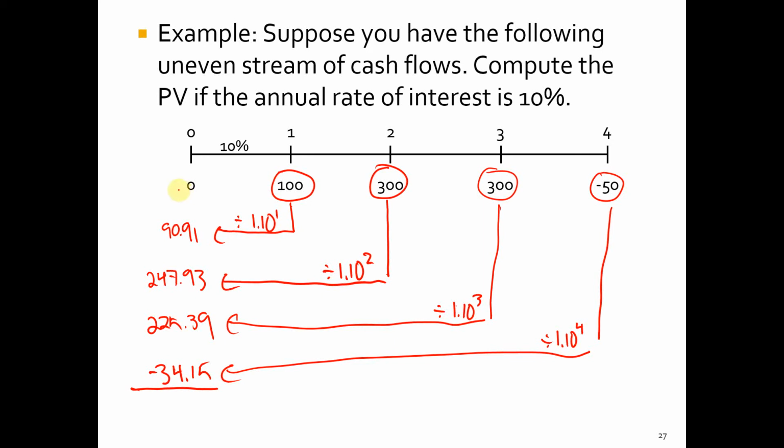Once we've done that, we add up all of the cash flows that we've taken the present value of, and you get a total of $530.08. So the present value of this series of cash flows is $530.08.